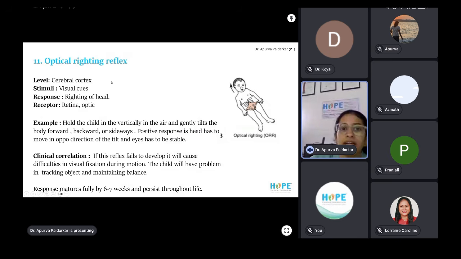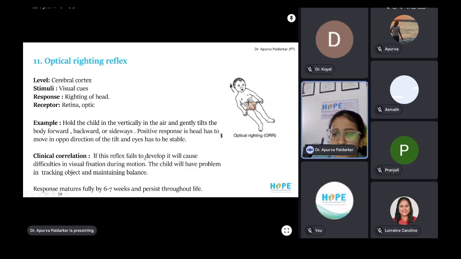Then the 11th is the optical righting reflex. The level is the cerebral cortex, the stimulus is visual cues, the response is righting of the head, and the receptor is the retina and eyes. For example, when you hold a child in a vertical position in the air and gently tilt the body forward, backward, or sideways, the positive response is that the head moves to the opposite side of the tilt and the eyes remain stable.